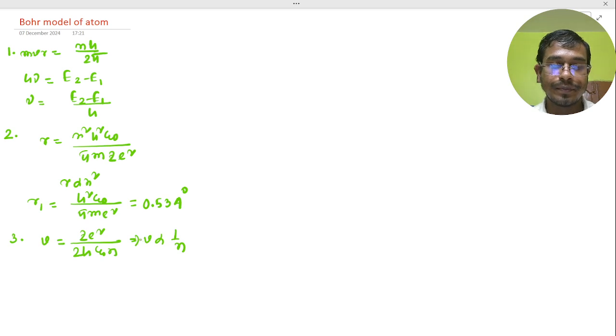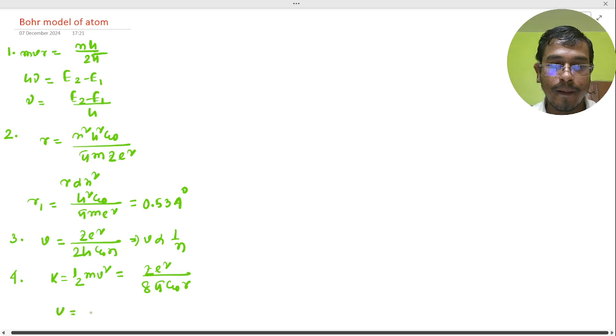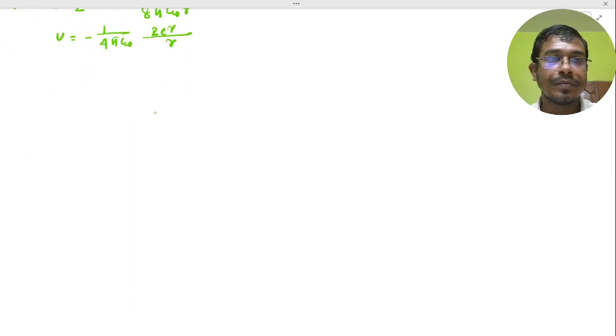Energy of hydrogen atom: the kinetic energy K is half mv square, which equals z e square by 8 pi epsilon naught r, and the potential energy U is 1 by 4 pi epsilon naught times z e square divided by r, with a negative sign. After this we get the total energy, which is the kinetic energy plus the potential energy.